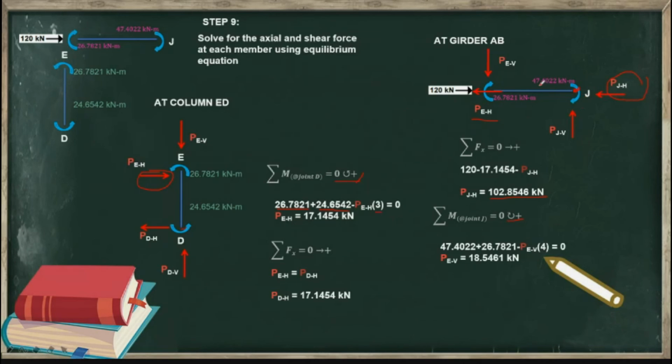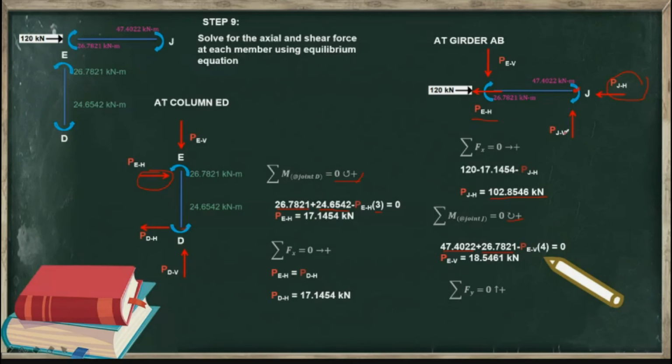So we have 47.4022 plus 26.7821 and then minus PEV. Bakit kaya minus? Kasi pag ni-rotate natin papunta kay J, we have a counterclockwise rotation. And ang distance niya or ang moment arm niya is 4 meters is equal to 0. So PEV is equal to 18.5461.